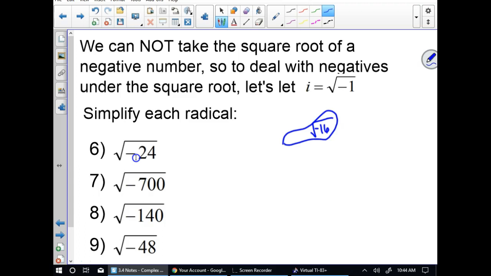So you cannot take the square root of a negative number. The problem is sometimes negatives show up. And we have to deal with them. And in some cases, we may actually need to know what those solutions are, because we need to use them later for something else that does turn out to be a real number that applies in a situation.